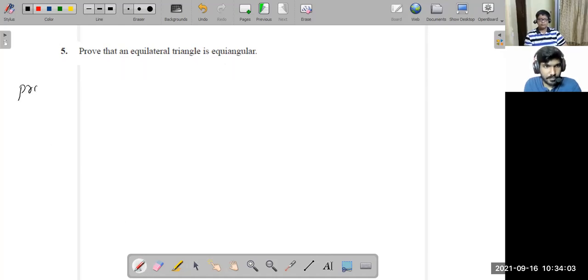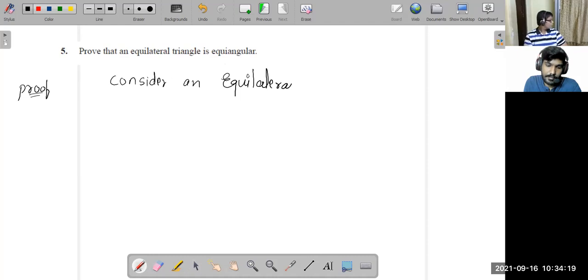So, in the proof, first let us consider an equilateral triangle ABC.